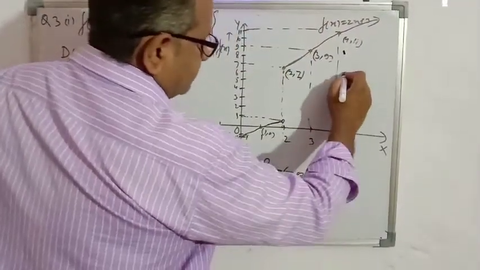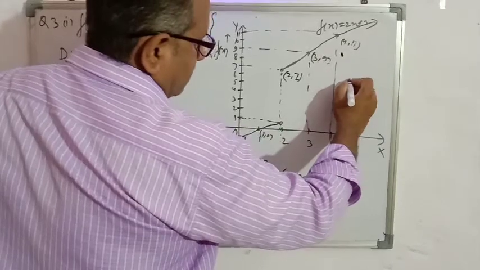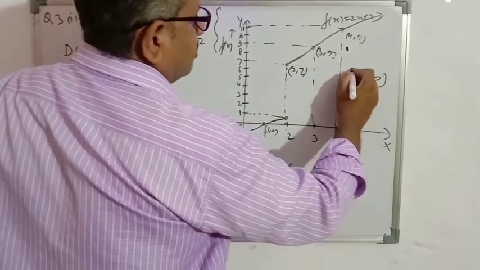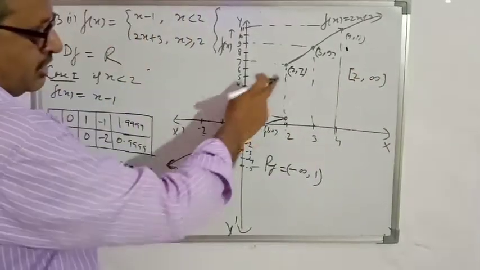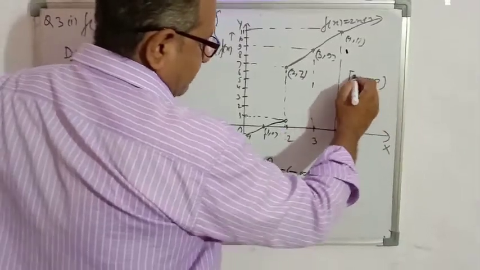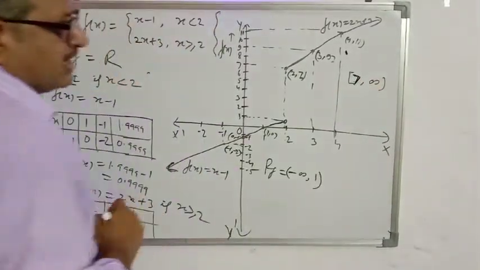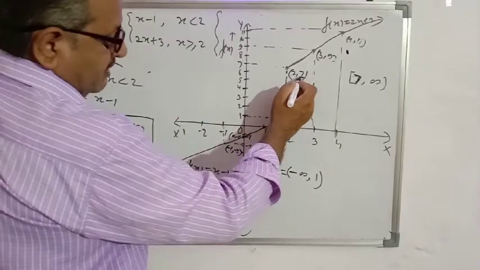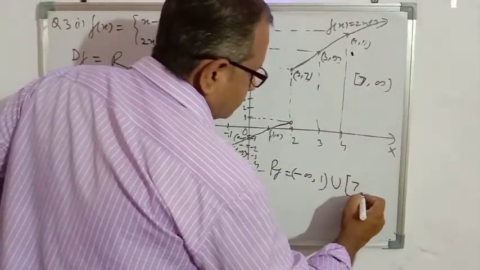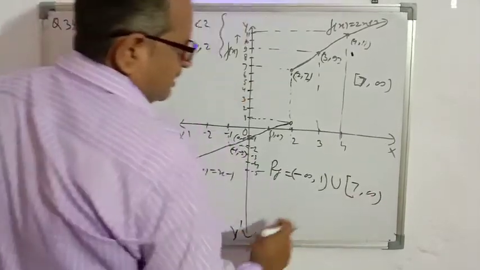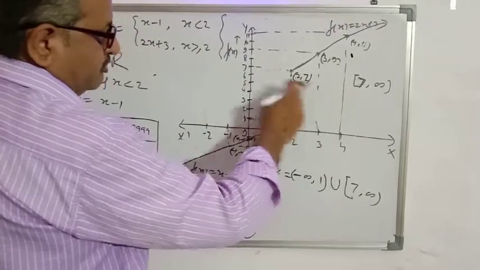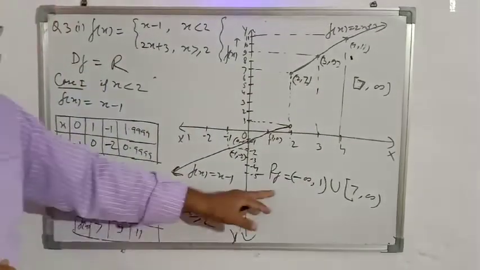So the range in the second part of the graph is from 7 to infinity, sorry, not 2, 7 to infinity. From the side of 7, we have to put the sign of a closed interval because 7 is included here. So the range is the union of these two parts.